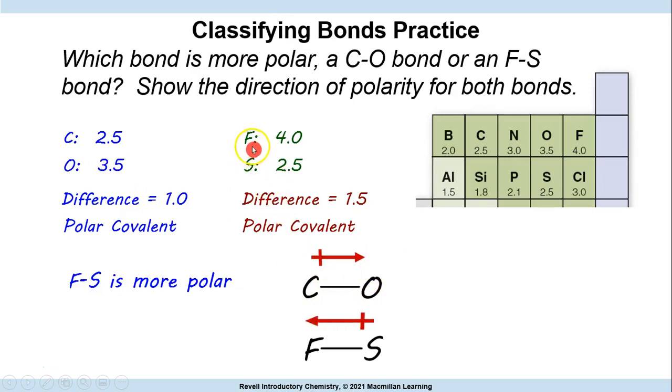And for the fluorine-sulfur bond, fluorine has a higher electronegativity value, so we draw the arrow pointing towards the more electronegative atom. If you want to use partial negative and partial positive here, for carbon-oxygen, oxygen will have the minus because it is more electronegative, and fluorine here has the minus because it's more electronegative.